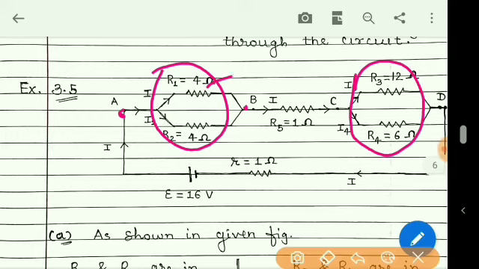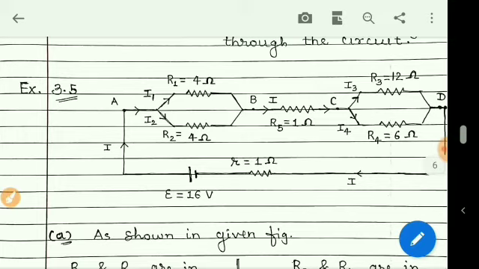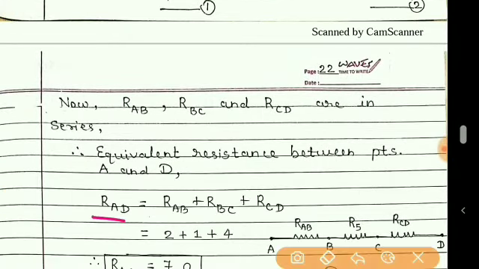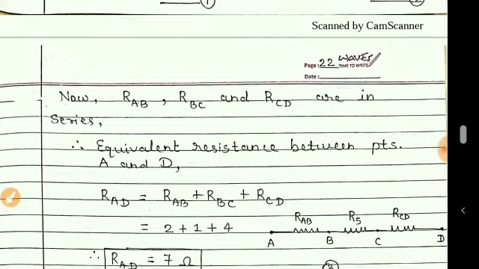So this and this, they are in series, and so the resistance between A and D will be RAD is equal to the addition of all these three resistances.